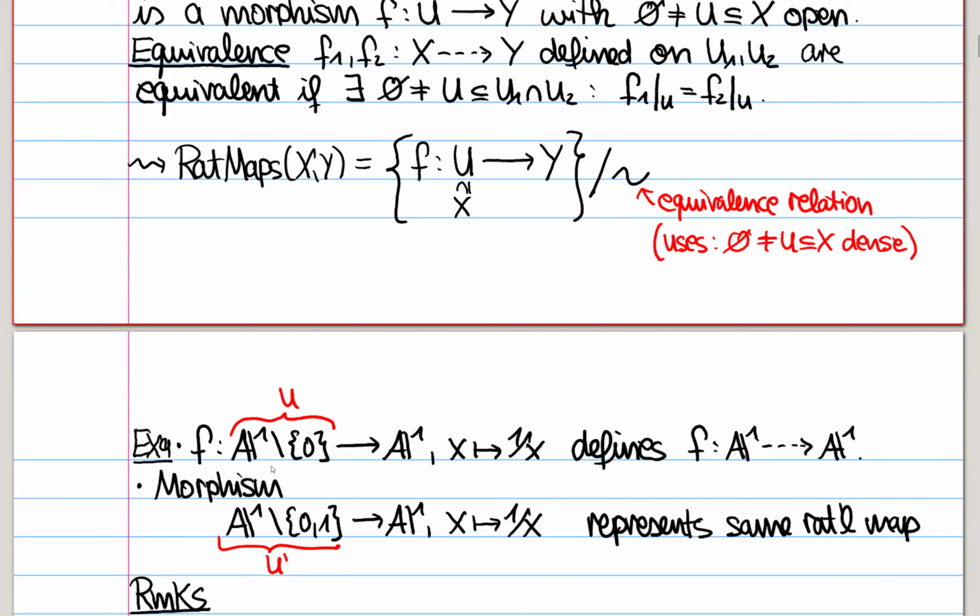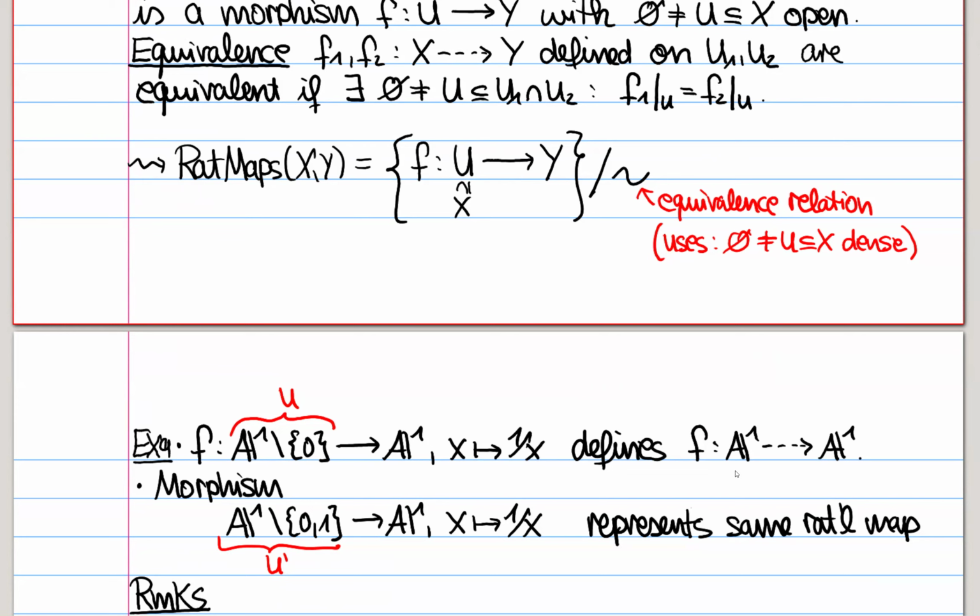This gives a nice morphism, and so this is a non-empty open subset. And so this defines just the data as above. This defines a rational map from A1 to A1. And you see, it's not possible to extend this map over the origin, because there this function has a pole. It would no longer be a morphism there.